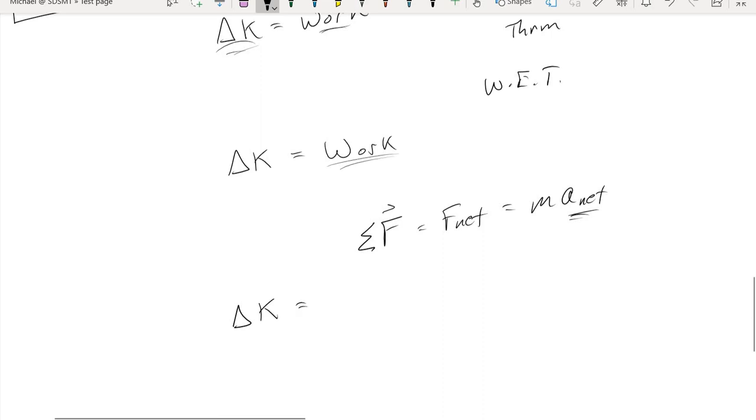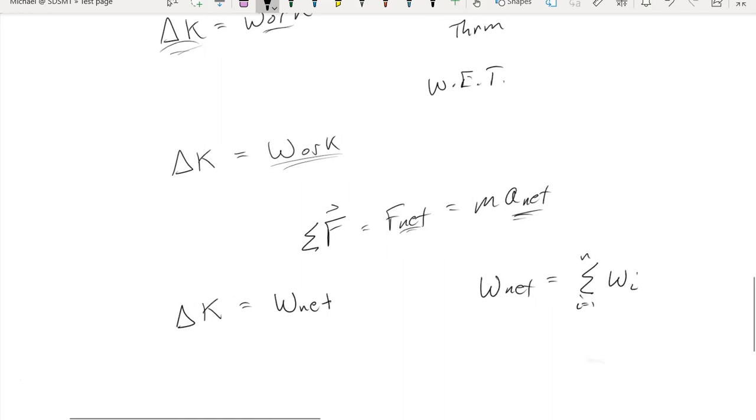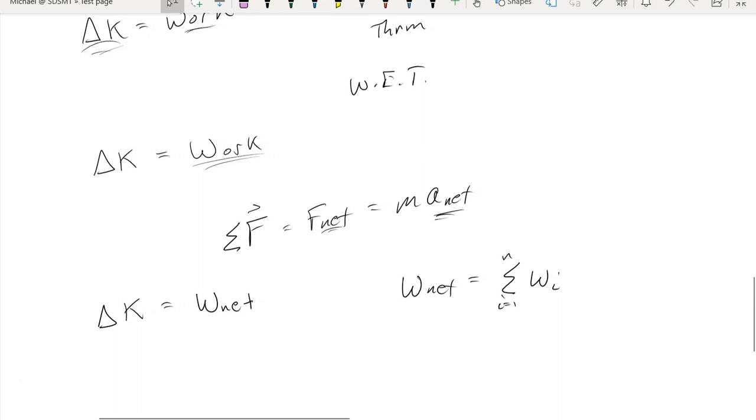So we can't just limit ourselves to calling this work. It has to be the net work that is done. And just like with net force, net work implies that we're going to have to add up all the work done by all the forces in the system.